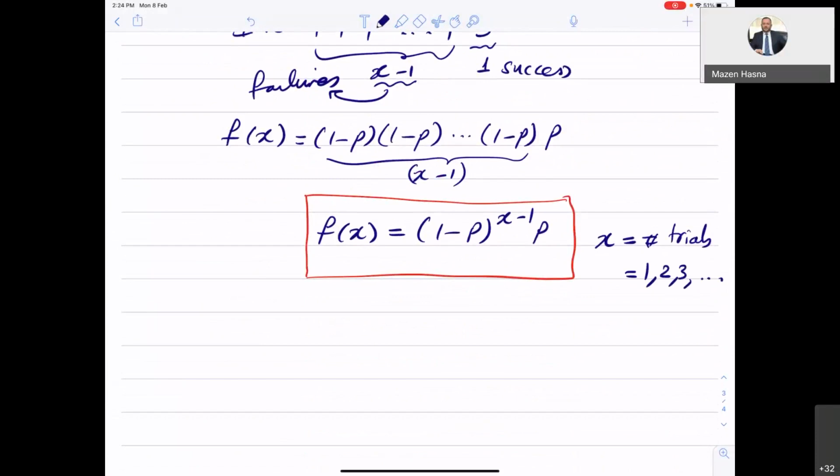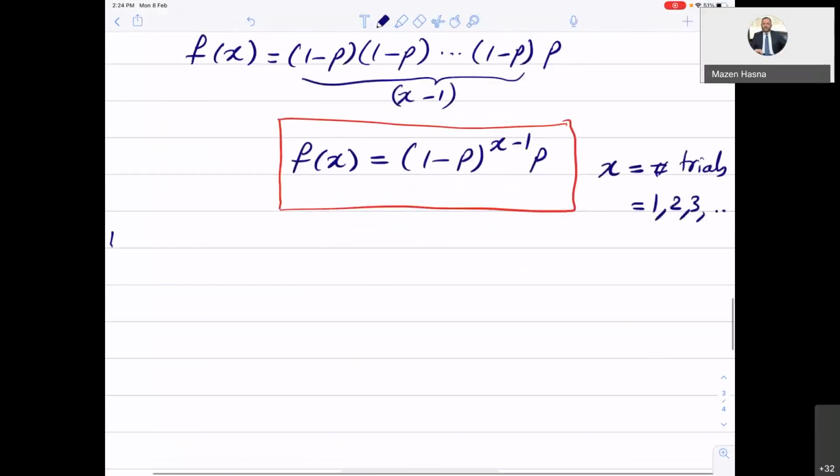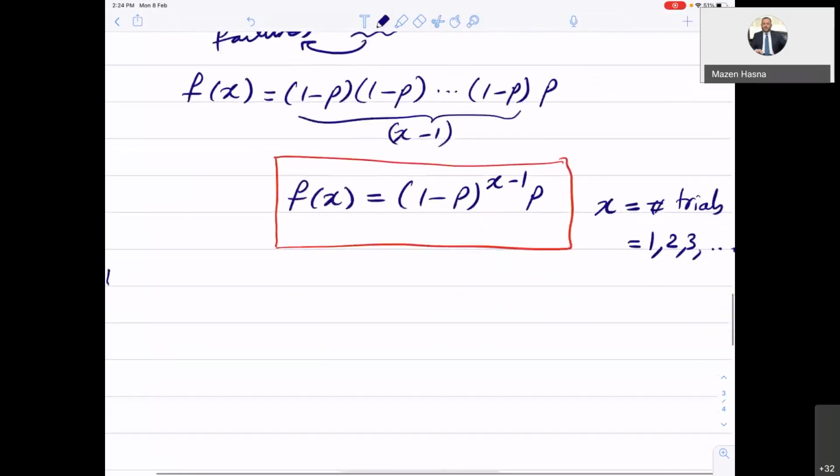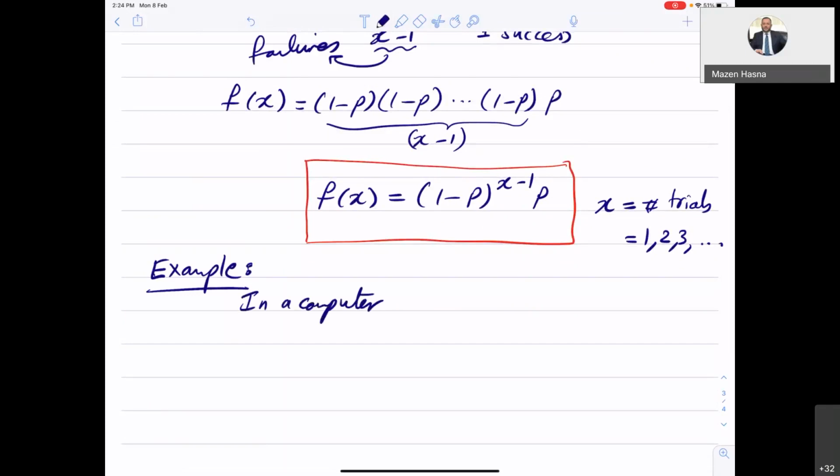Let's do an example so that things are clearer. In a computer network, I just came up with this example in the morning.